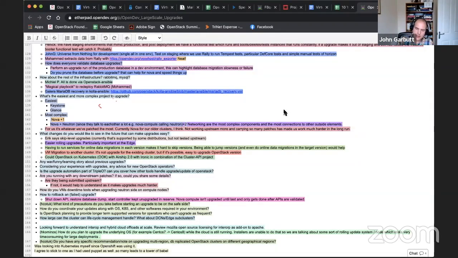The Nova upgrade was also very much designed to allow older computes running for a while. So the idea is you could get the API done first and then leave your computes behind, if you've got lots of computes to do. I'm curious what people's experience of that is.